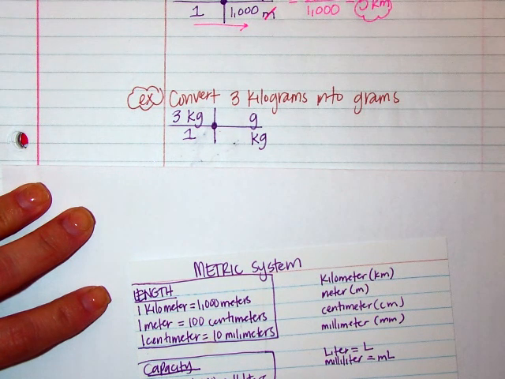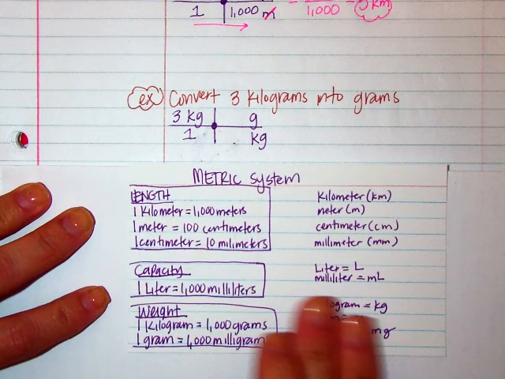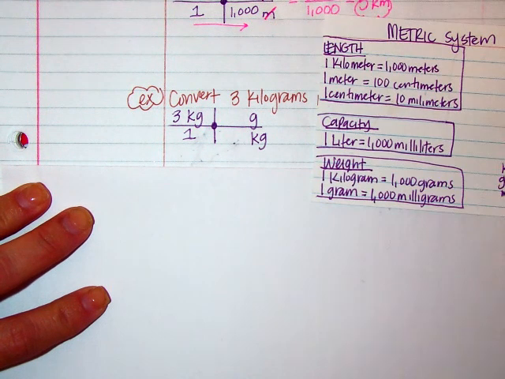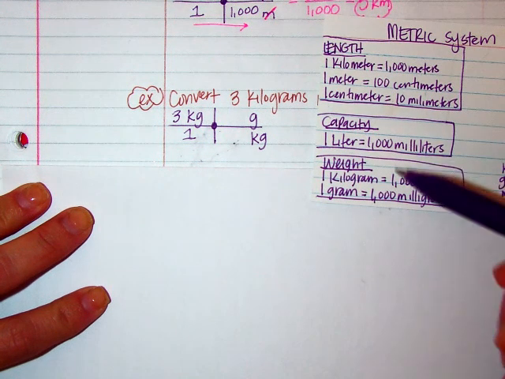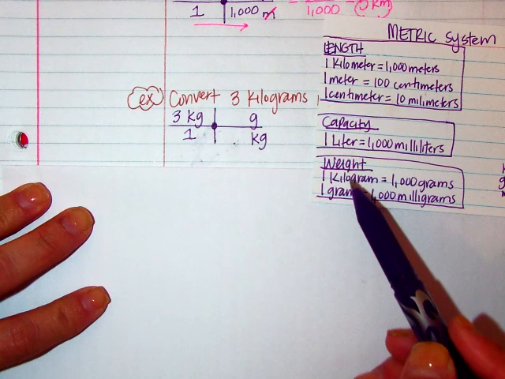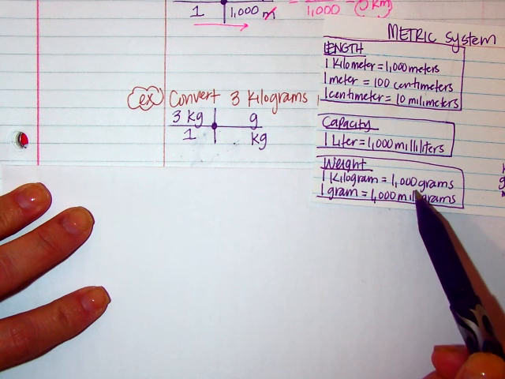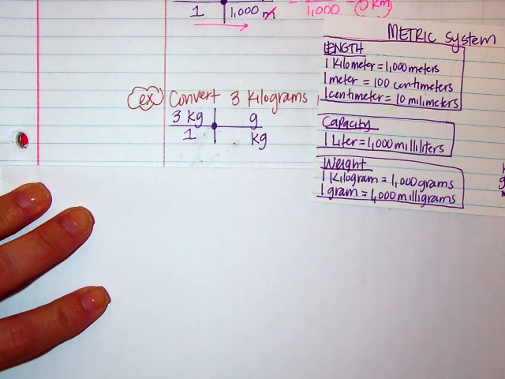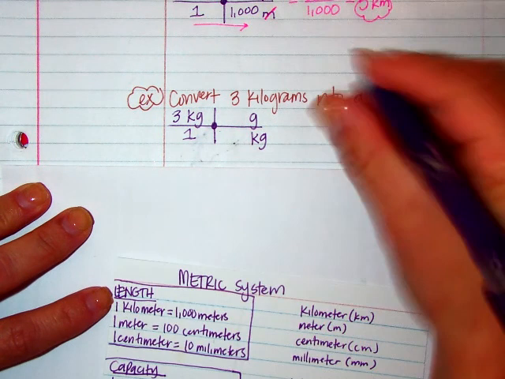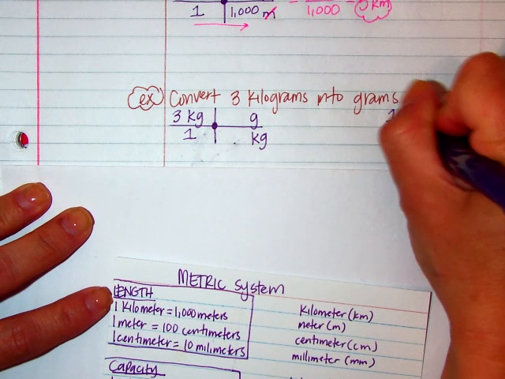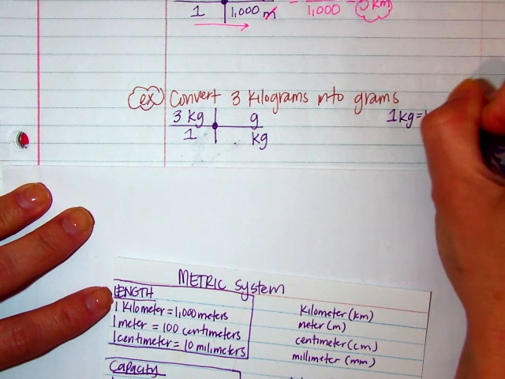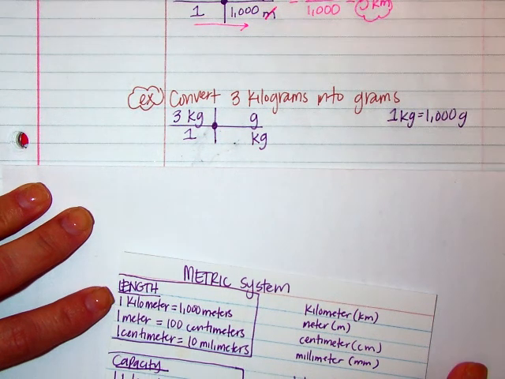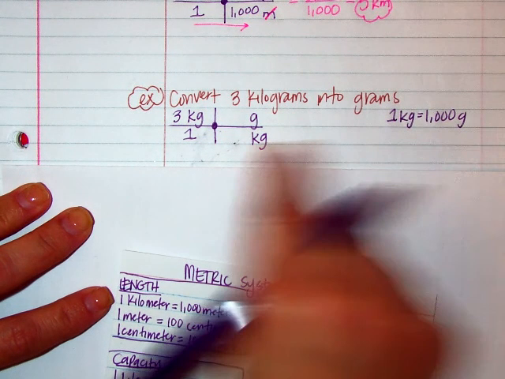And now look for that relationship on my card. So looking for kilograms and grams. It looks like it's in weight. We have the relationship kilogram to grams here. 1 kilogram is the same as 1,000 grams. So 1 kilogram is the same 1,000 grams. Now we're going to put this information into this fraction in the right spot.